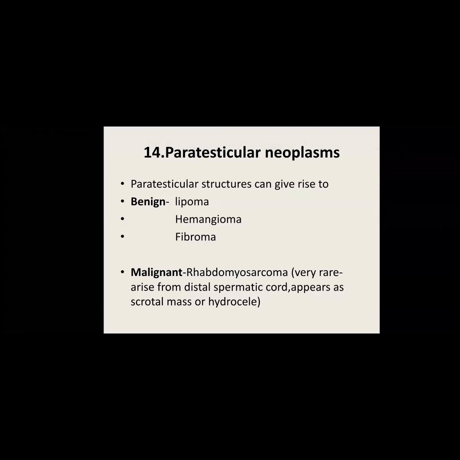Among benign tumors, you can expect a lipoma, a hemangioma constituted of benign blood vessels, or a fibroma. As far as malignant is concerned, the rhabdomyosarcoma is found, but it is very rare and usually arises from the distal spermatic cord. Usually it appears like a scrotal mass or like a hydrocele.